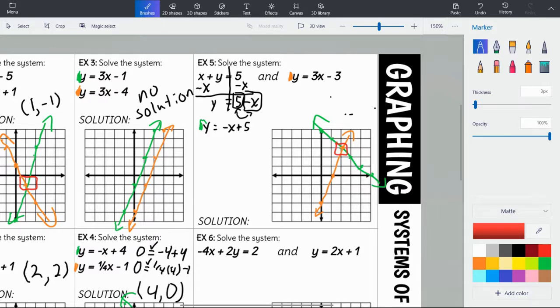It only works if they intersect at a nice even point. So all the ones we'll be giving you for graphing do intersect at a nice even point. Yeah, this is the solution to that one. It is (2, 3). Okay, so (2, 3) is our solution.